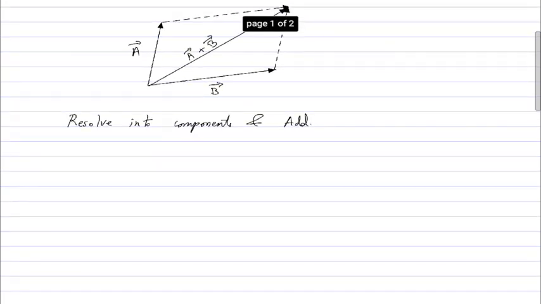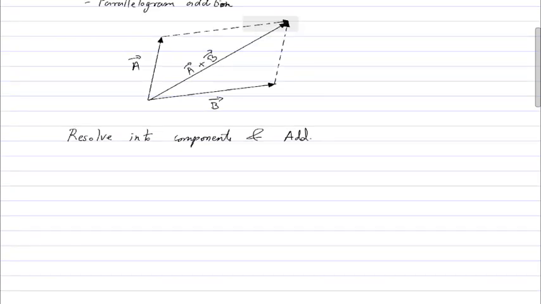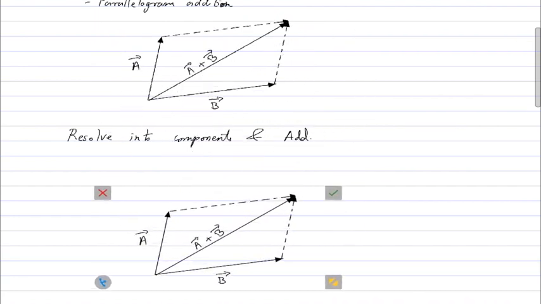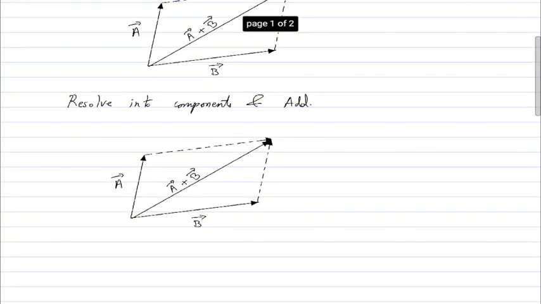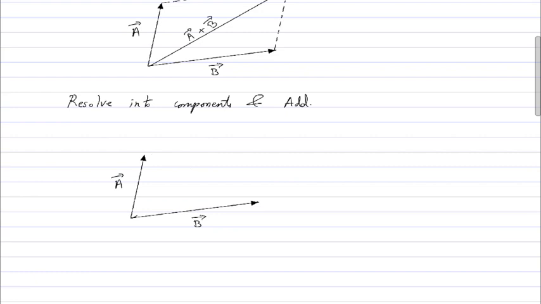So the idea there was that, let's say we have the same vectors A and B, right? And let me erase these lines to just leave us with A and B.